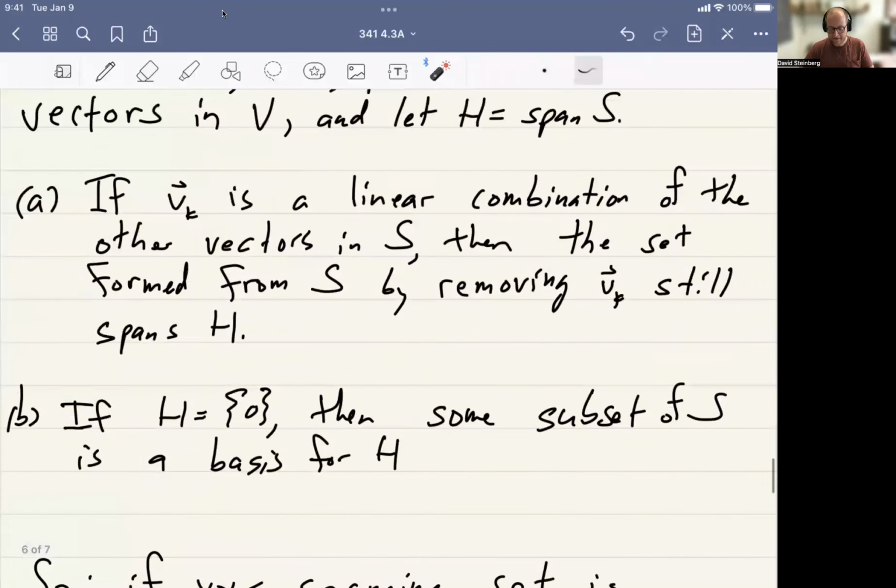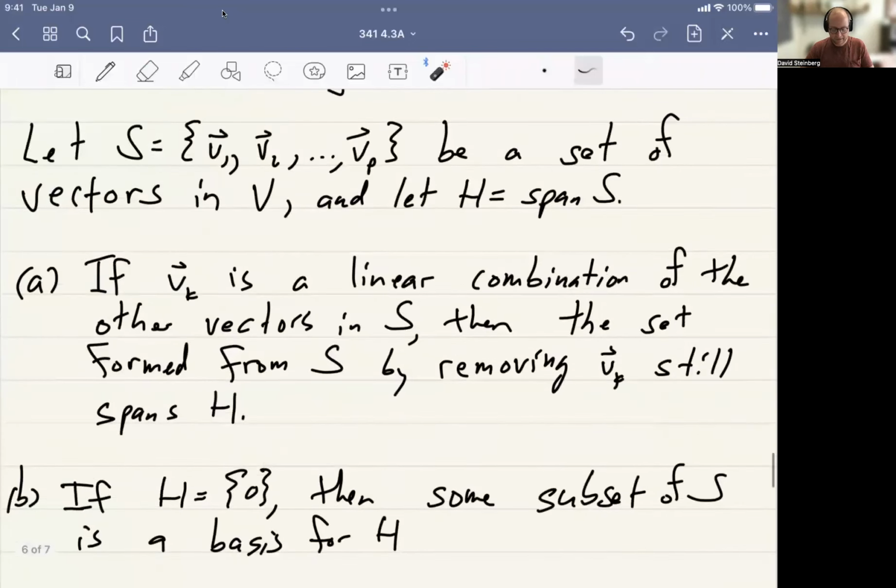If we've got some vector vK that is a linear combination of the other vectors in S, then if we take S and pull out vK, that new set still spans all of H. If we remove a vector that's a linear combination of the others, it doesn't change the spanning set.